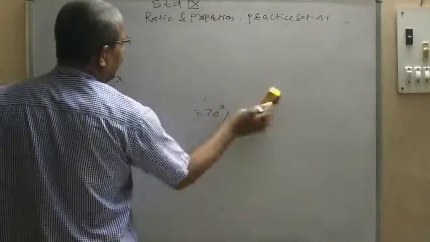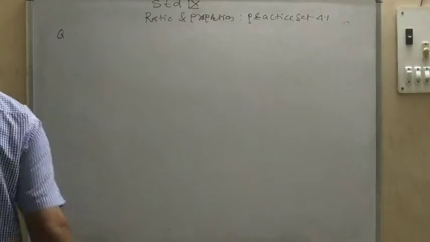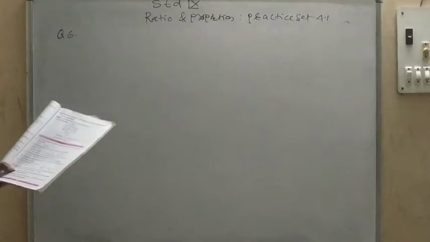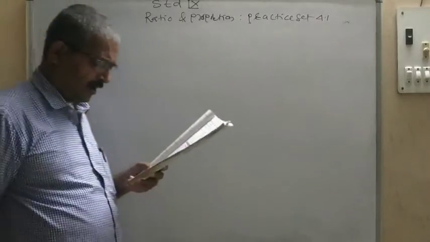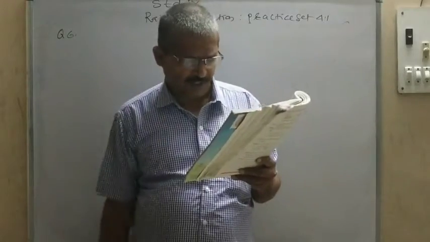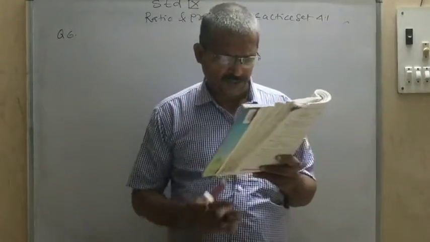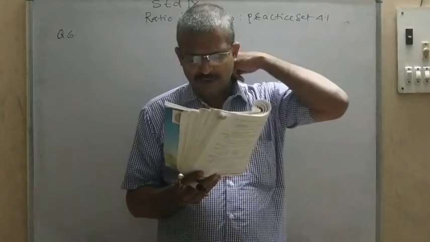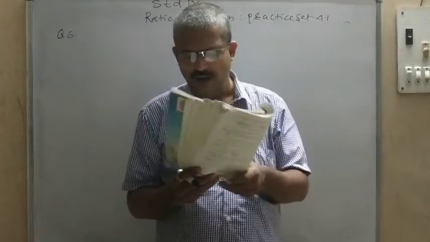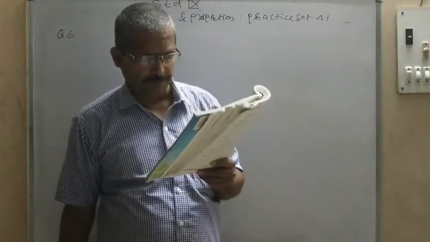See, read question number 6. The ratio of ages of Abha and her mother is 2:5. At the time of Abha's birth, her mother's age was 27 years. Find the present ages of Abha and her mother.